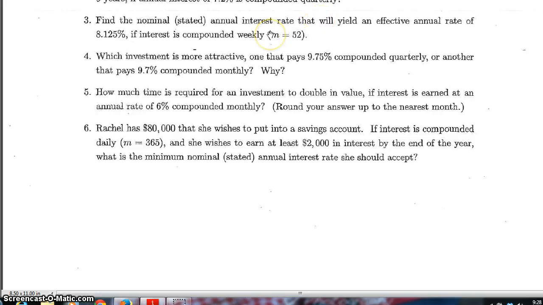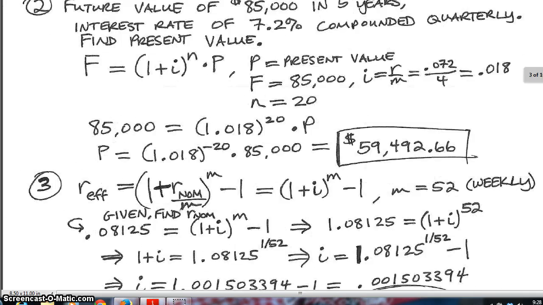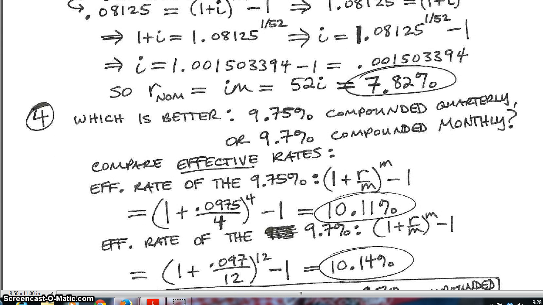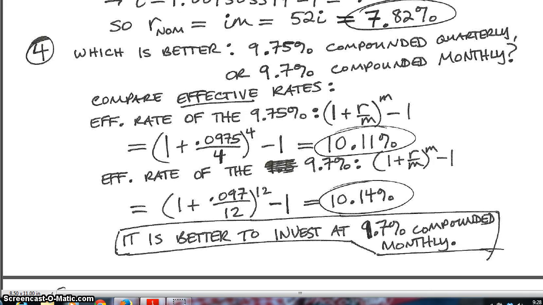Which investment is more attractive, one that pays 9.75% compounded quarterly or another that pays 9.7% compounded monthly, and why? Okay, so let's look at how we would compare these two. On all these kinds of problems where they're asking you to compare two interest rates, they're usually going to be compounded over different numbers of times per year.